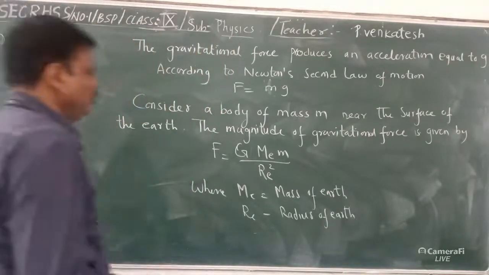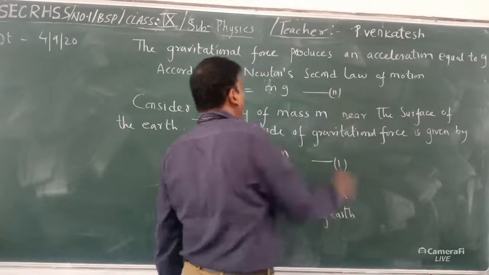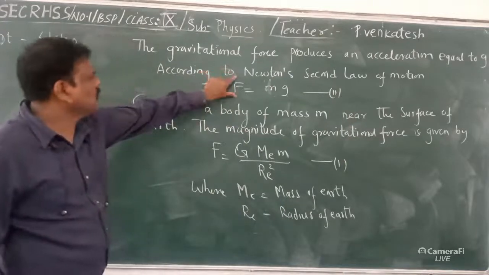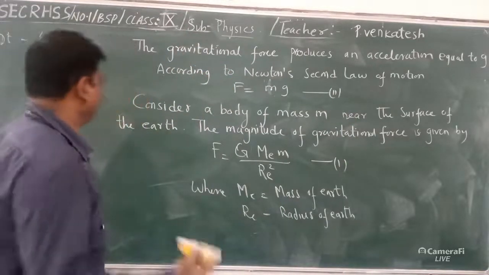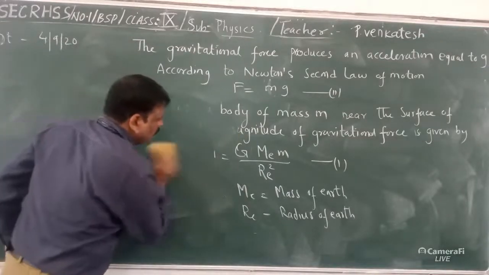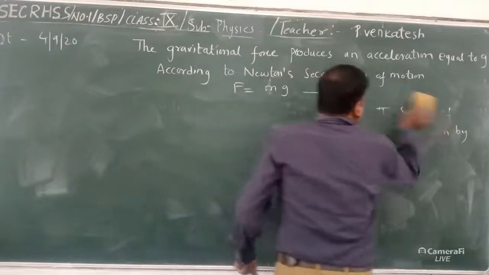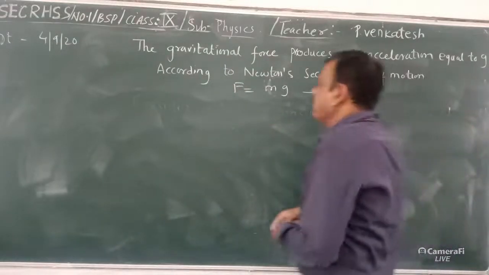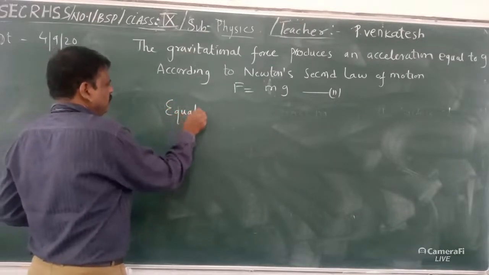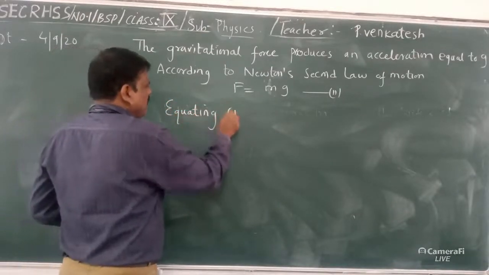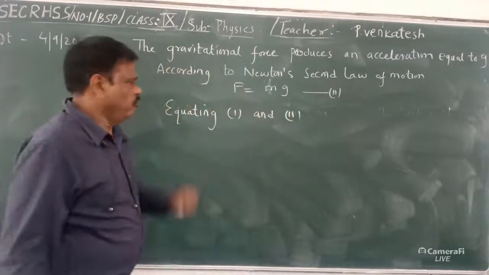Now what we will do? Equating 1 and 2. You write this as equation number 1 and this as equation number 2. This is also force and this is also force. Now equate these two. Equating 1 and 2, force mg.